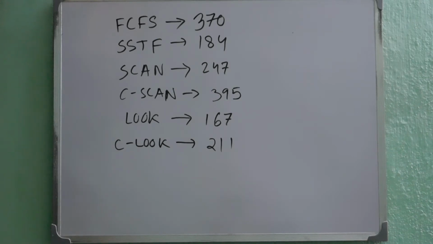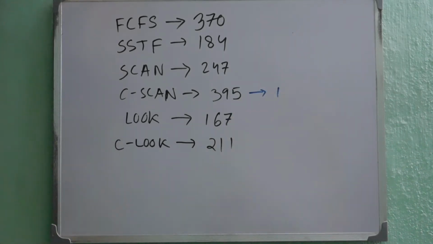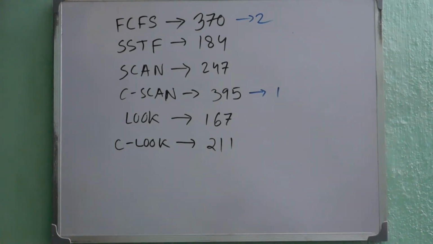So if we arrange them in the increasing order of efficiency, then first position will be taken by C-scan, because it is the least efficient algorithm in terms of total head movements. Okay. Then we are having FCFS number 2.